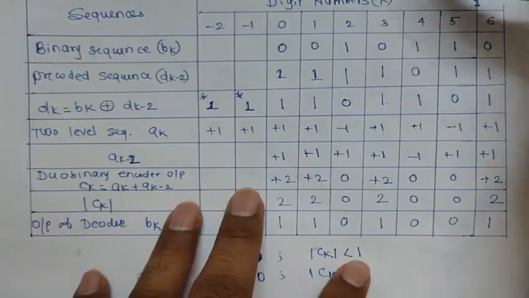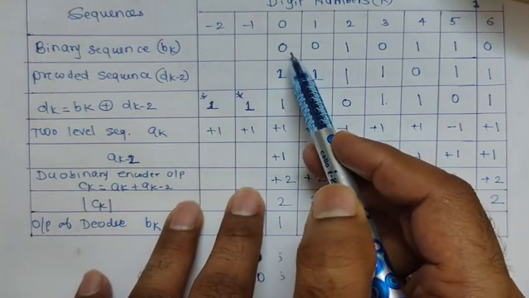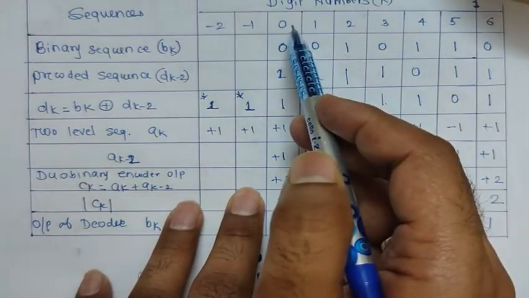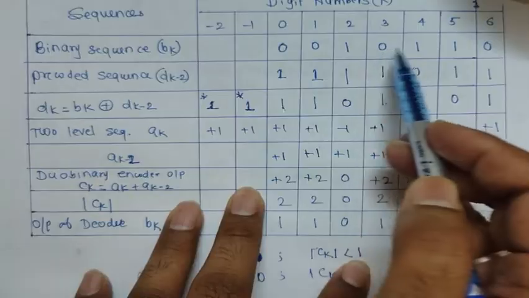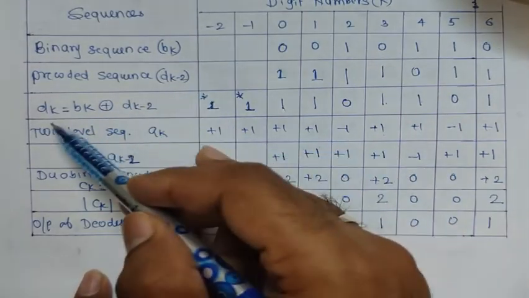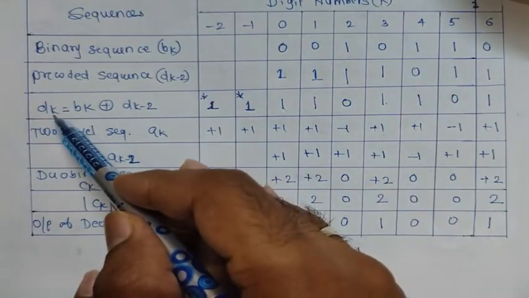Here I have already prepared a table. The binary sequence given to us, 0010110, I have already written. We always start from the 0th bit. Next we write the values of dk minus 2 and dk, but first write the value of dk.